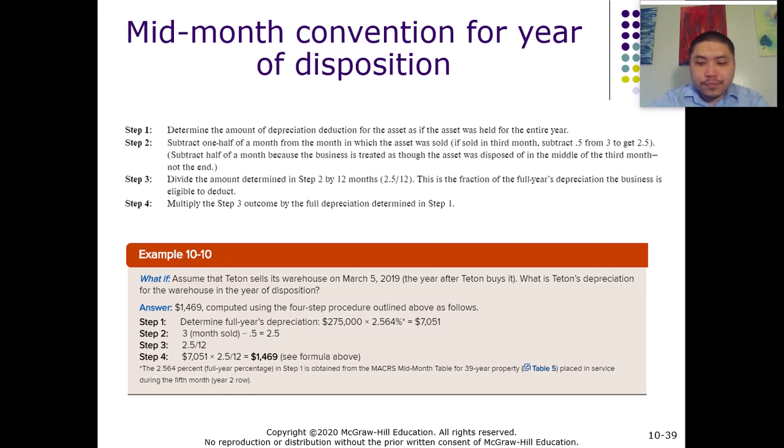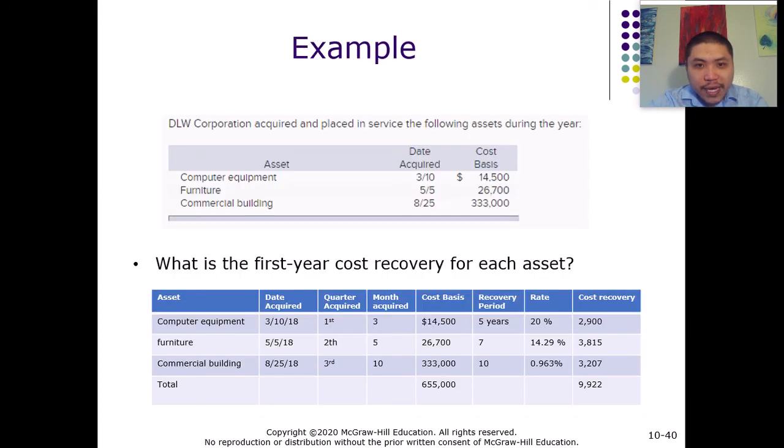All right. So before we end the chapters, I just want us to go through this example together. You know, just another practice problem. And this example I took out from your homework, so hopefully that helps a little bit. So let's look at this. This corporation acquires and places in service the following assets during the year. We have a computer, date acquired March 10th, and the basis was 14,500.